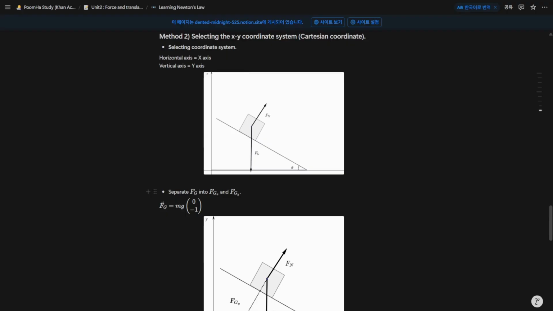If we select the xy coordinate system, this is the Cartesian coordinate system, where the horizontal axis is the x-axis and the vertical axis is the y-axis. Separate Fg into Fg x-axis and Fg y-axis. Fg's magnitude is mg.